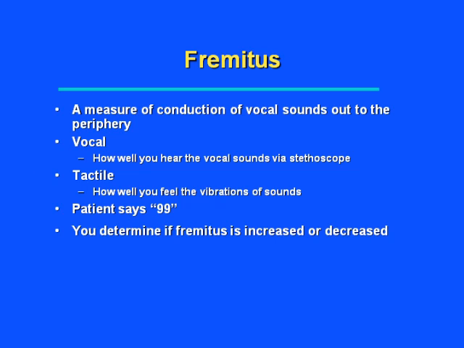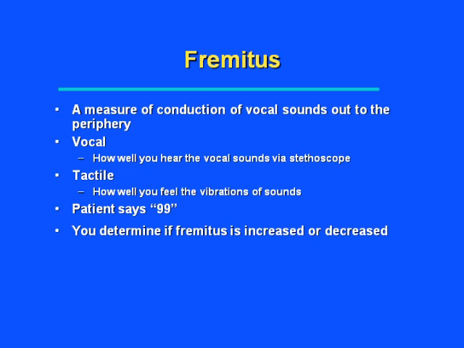Fremitus we'll review again because we're under auscultation by focusing on the vocal fremitus. So it's a measure of the conduction of the vocal sounds out to the periphery of the lung. For this, the vocal part is how well you hear the vocal sounds with the stethoscope. Again, we usually have the patient say something like 99 because that sets up a lot of vibrations.